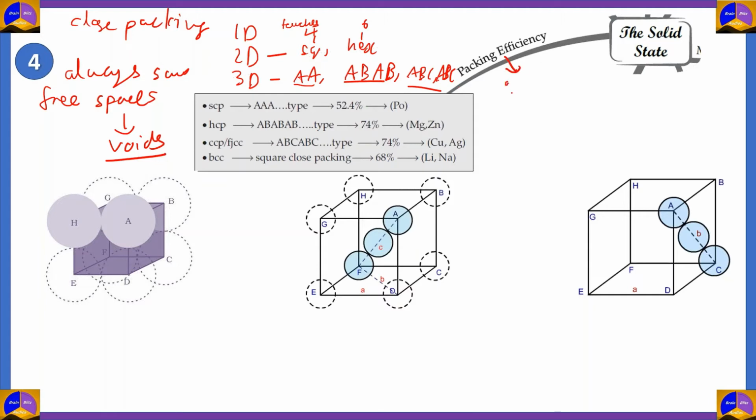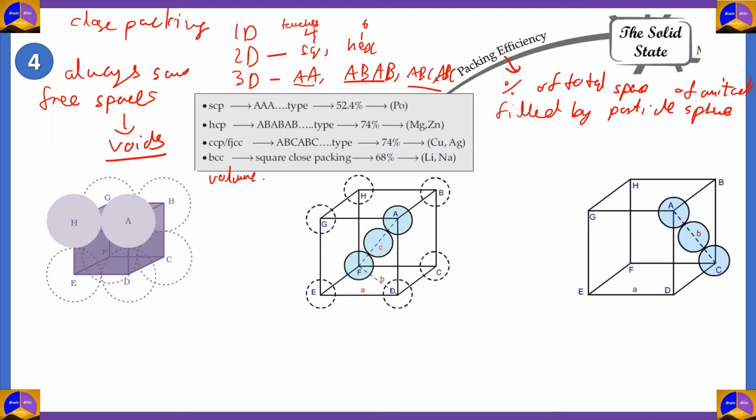Packing efficiency refers to the percentage of total space of a unit cell which is filled by particle spheres. The general formula is packing efficiency equals volume of atoms in the unit cell divided by total volume of the unit cell times 100, because this is a percentage.